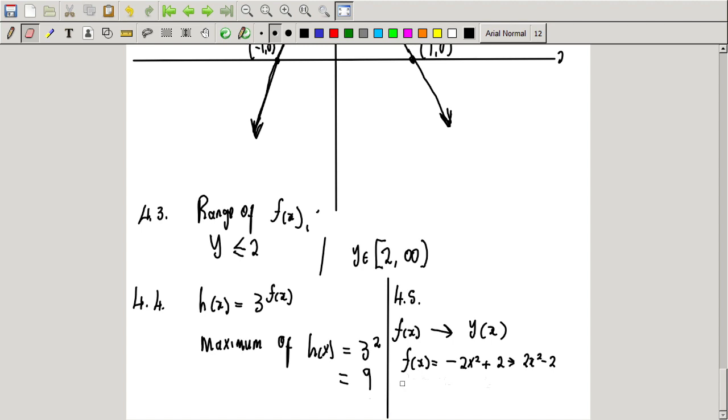Let's write this function. We can see that this new function is all multiplied by negative 1. So y is equal to negative of f of x.